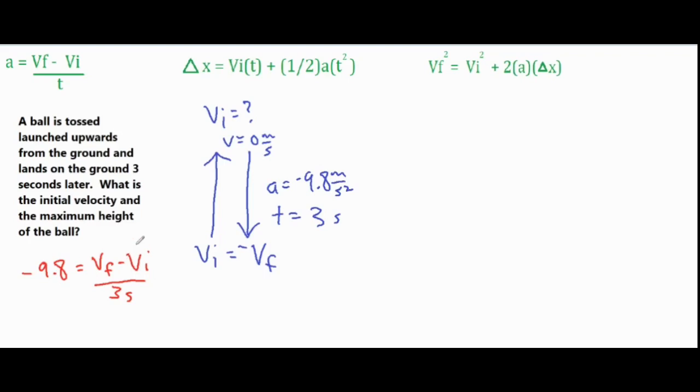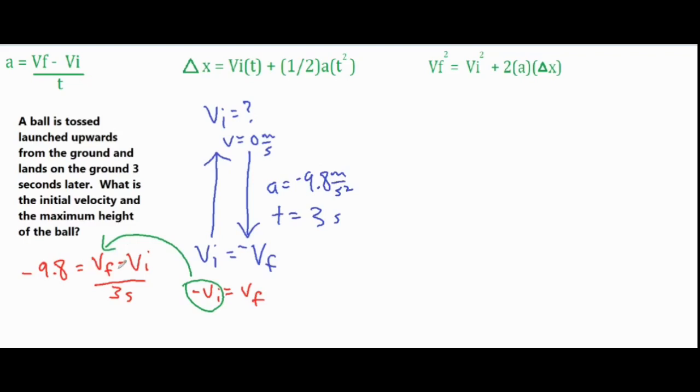We want this VI, but we actually want to get rid of this VF because now we have 2 unknown variables. But we know that VI equals negative VF, and vice versa, negative VI would equal VF. So what I'm going to do is grab this negative VI and drop it in over here.